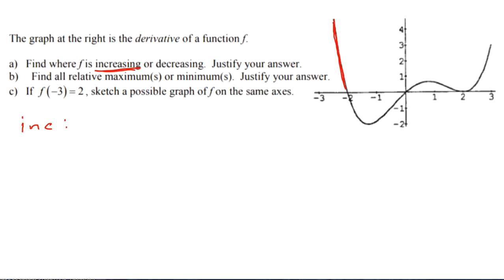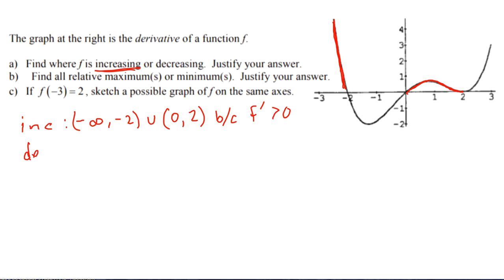And your derivative is positive here and over here. So your function would be increasing from negative infinity to negative 2 and from 0 to 2. And the reasoning is because f prime is greater than 0.